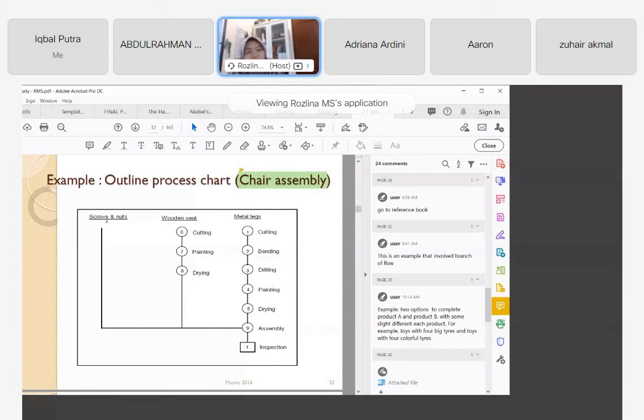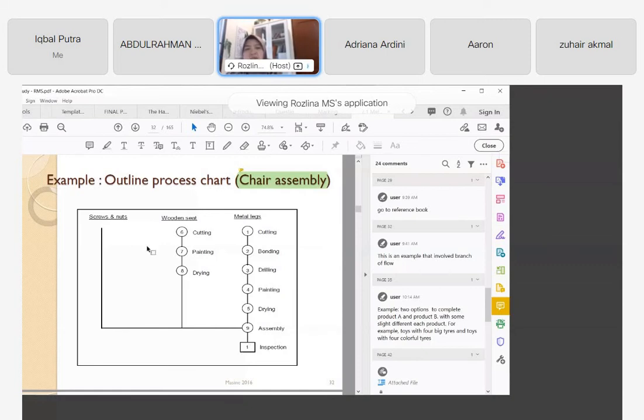Screws and nuts also go to the assembly. Screws and nuts we normally purchase, right? So if we just purchase, just put the name, the screws and nuts. Then the arrow goes to the assembly. After that is the assembly, so you assemble the metal legs and wooden seat using the screws and nuts, and then go to the inspection.